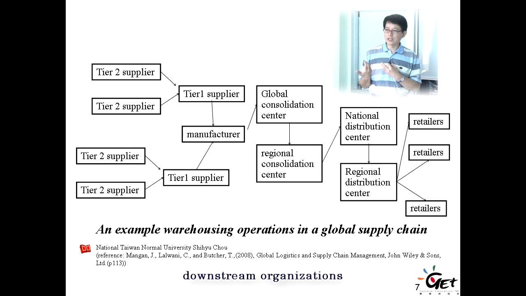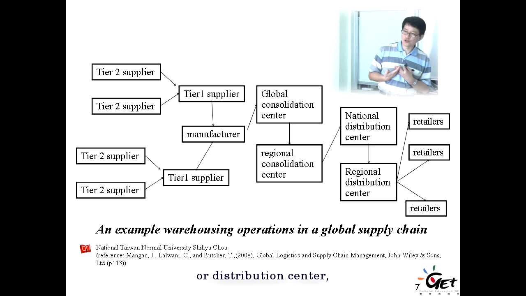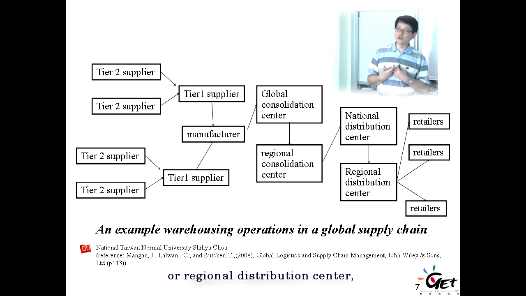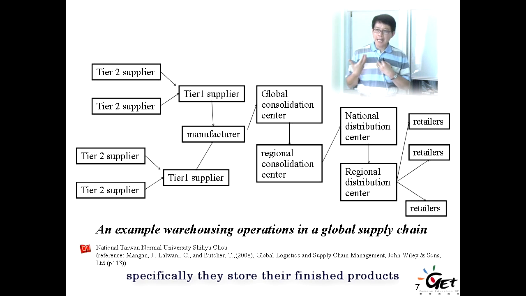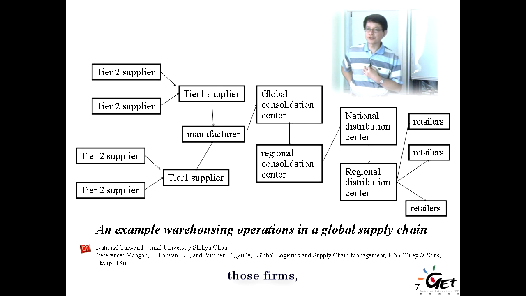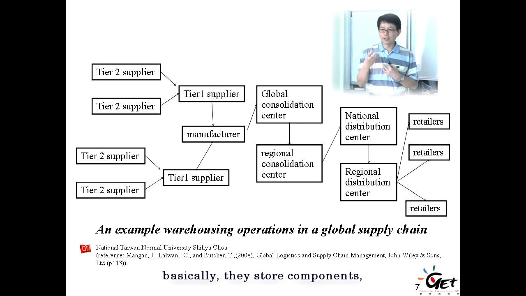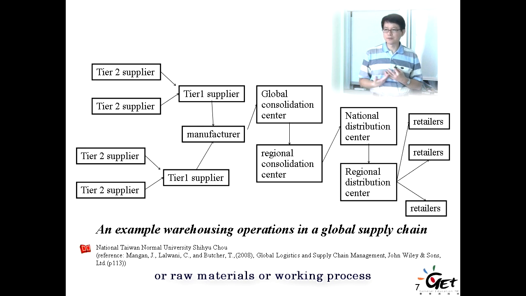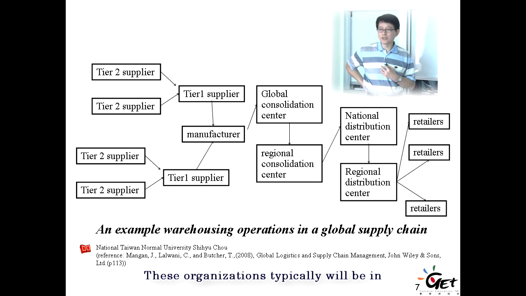Downstream organizations, like the retailer distribution centers or regional distribution centers, basically store the finished products, but the manufacturers or suppliers basically store components or raw materials or work in process. These organizations typically will be in different nations for a global supply chain.